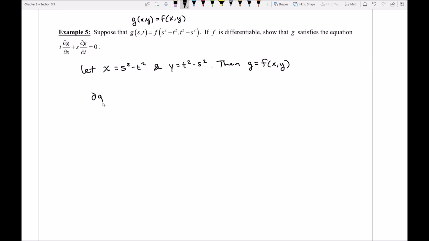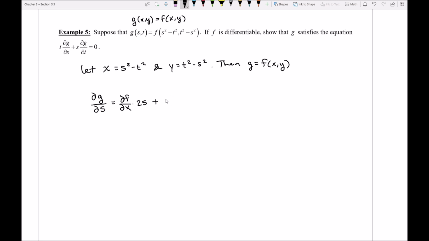So notice here that my partial derivative of g with respect to s is going to be my partial derivative of f with respect to x, multiplied by my partial derivative of x with respect to s. So I guess that would just be times 2s. Notice since I don't know what the function f is, I can't replace this first partial derivative, but I can replace the next one. All right, let's see what we get if we keep going.